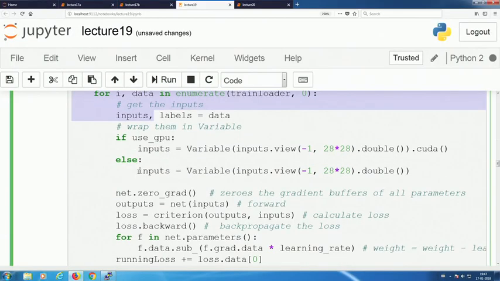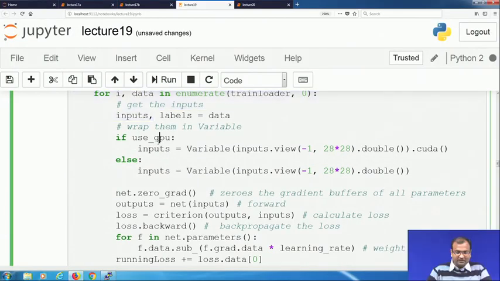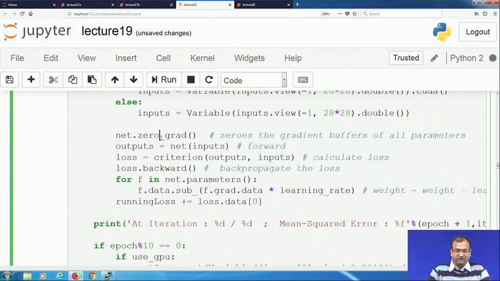Okay. As with the earlier case, if we have a GPU, then we convert it onto a CUDA variable which sends it over to the GPU, otherwise it still resides on the CPU. Then you zero all the residual gradients present, and then comes the first part, which is a forward pass. Okay. So this is one forward pass of the whole batch in one single epoch.